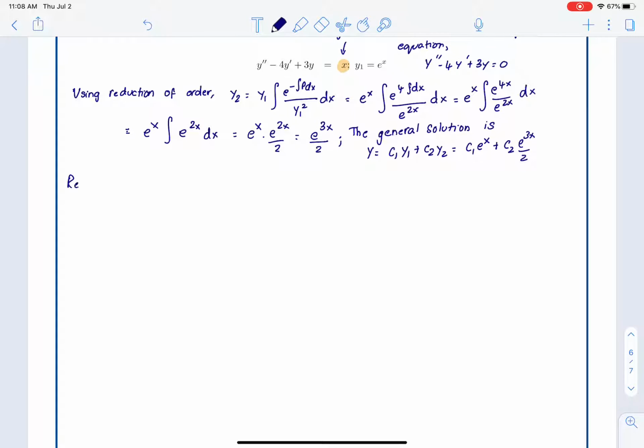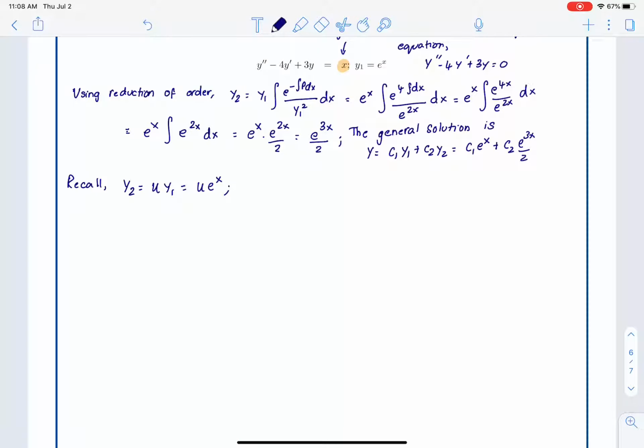So if we recall, y2 is u times y1. y1 in this case is e raised x. And if y1 satisfies the homogeneous equation, y2 will also satisfy the homogeneous equation.